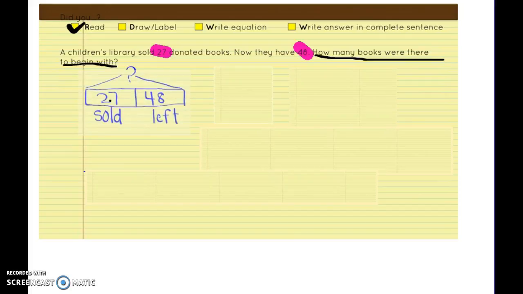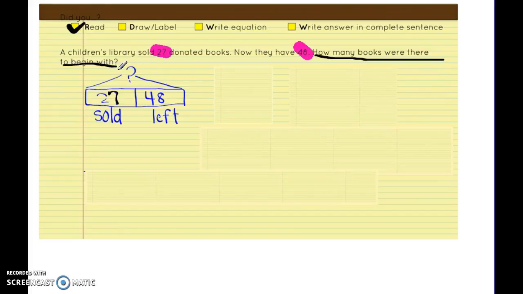Okay, you should have a tape diagram that looks similar to this one below. Alright, so we know that we're not for sure how many books we've started with.